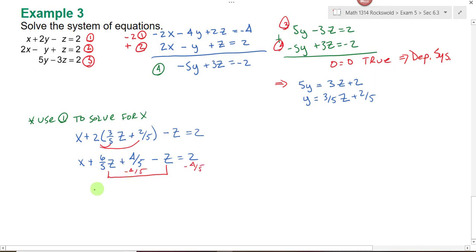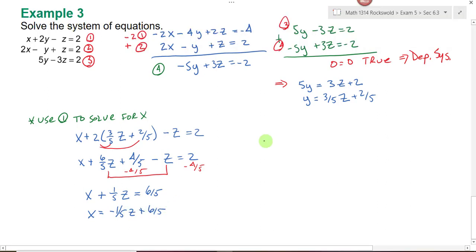And when I do that, I get x plus 6/5 minus 5/5 is 1/5 z. The 4/5 are going to cancel out, and that's equal to 2 is 10/5. 10/5 minus 4/5 is 6/5. So I can solve this for x, and I would say that x is equal to negative 1/5 z plus 6/5.